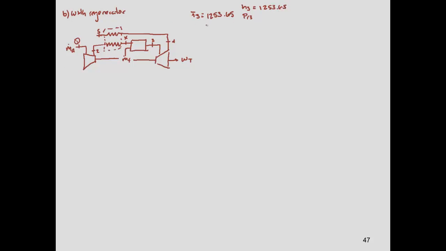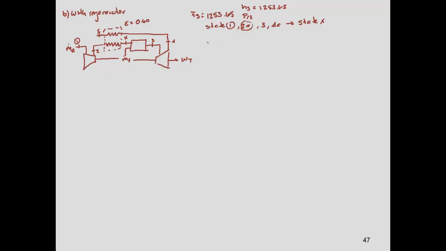Now states 1, 2 actual, 3 and 4 actual are not changing. We are only introducing state X. In order to introduce this state X, we have an effectiveness of 60%.